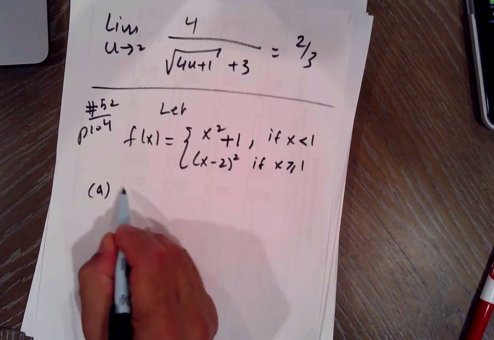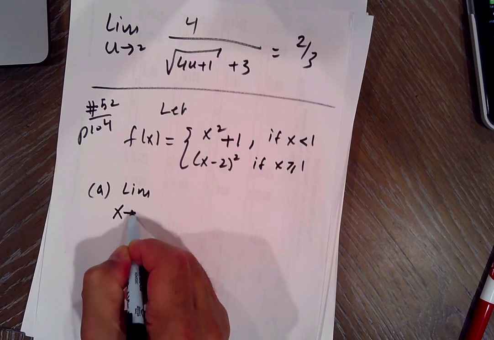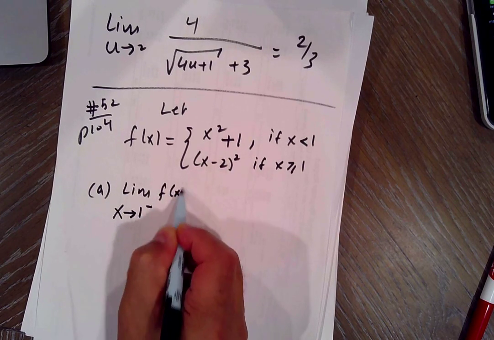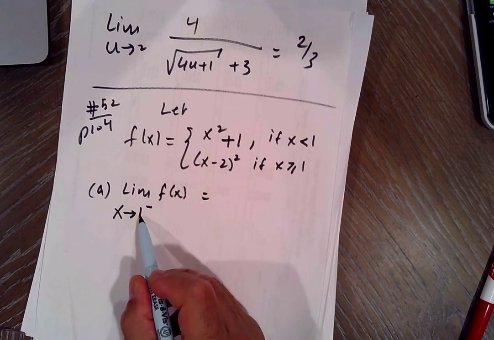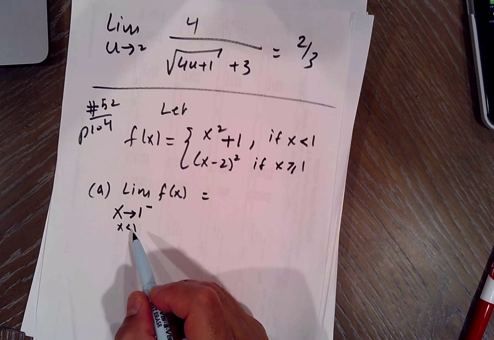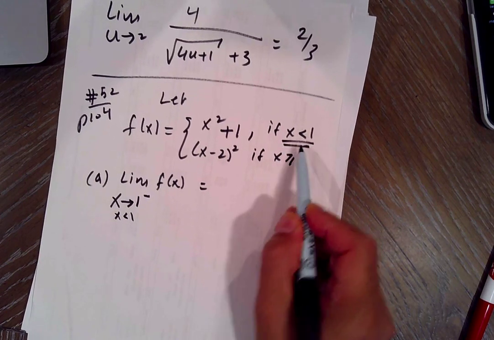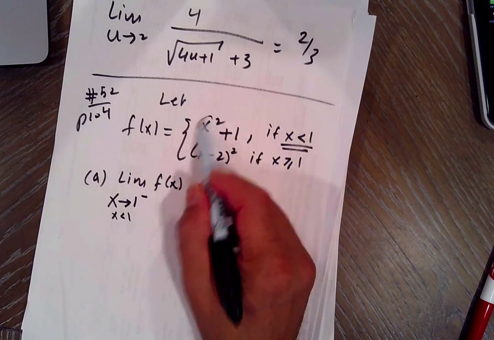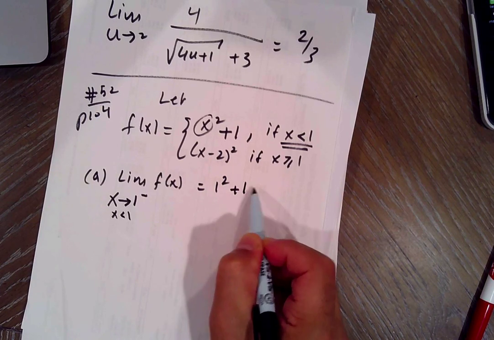Part A, what's the limit as x goes to 1 from the left of f of x? So obviously 1 from the left, meaning it's less than 1, like 0.9, 0.9999999, so less than 1 right here, so we're going to plug it in there. So 1 squared plus 1 is 2.